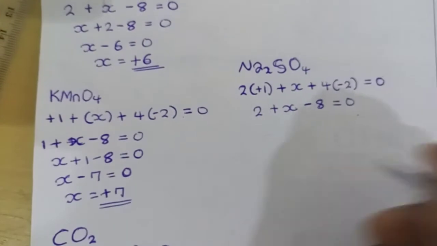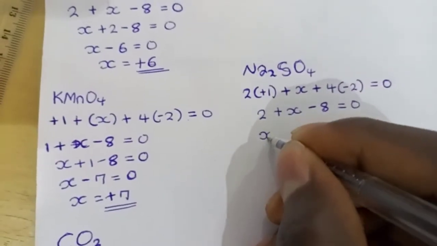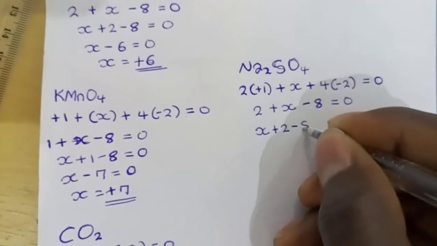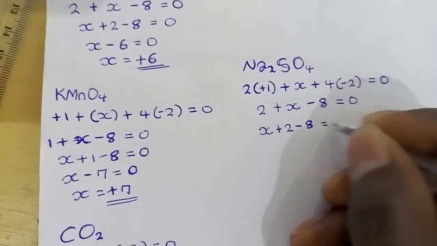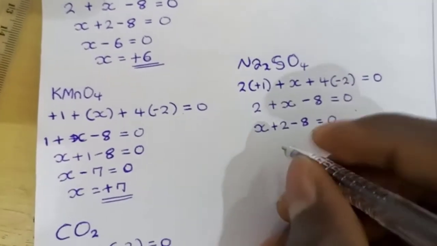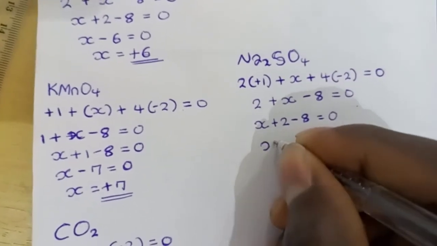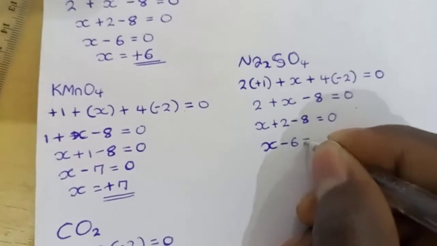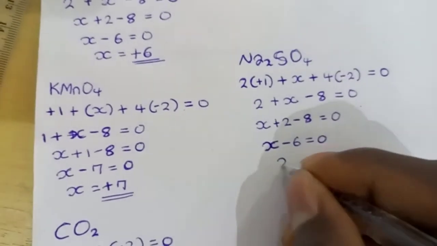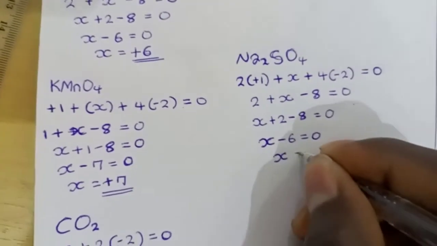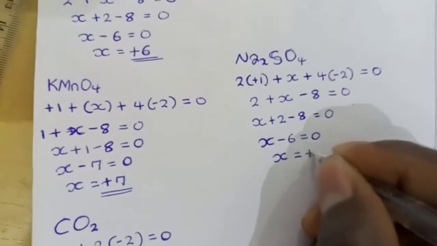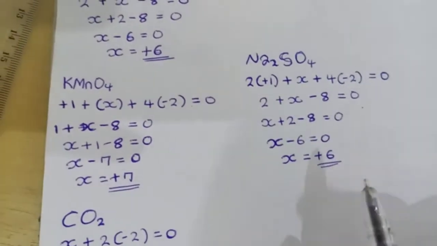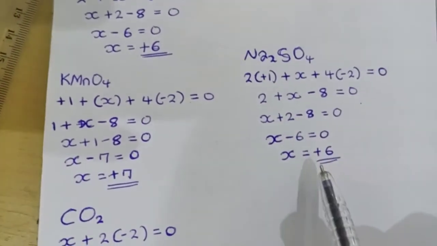So X plus 2 minus 8 equal to 0. 2 minus 8 will give us -6. So X minus 6 equal to 0, so our X is equal to +6. So the oxidation number of sulfur in this compound is equal to +6.